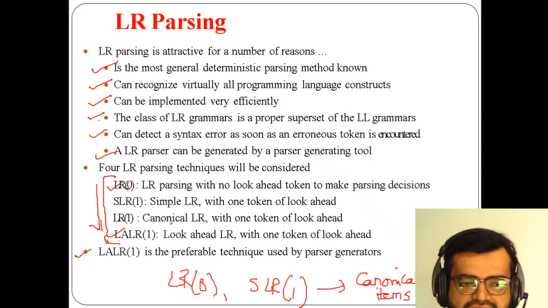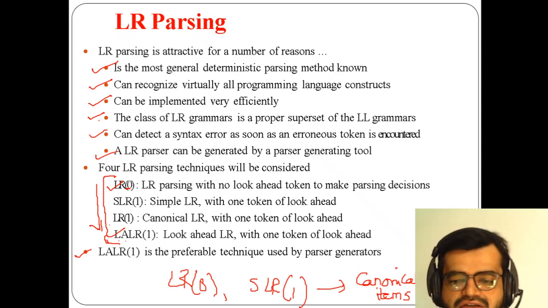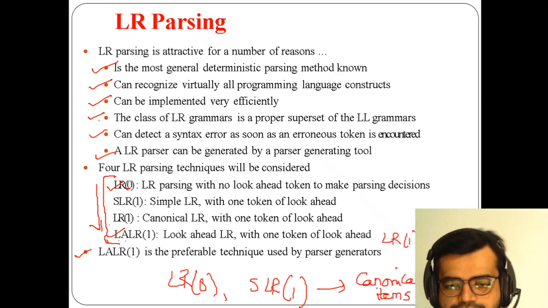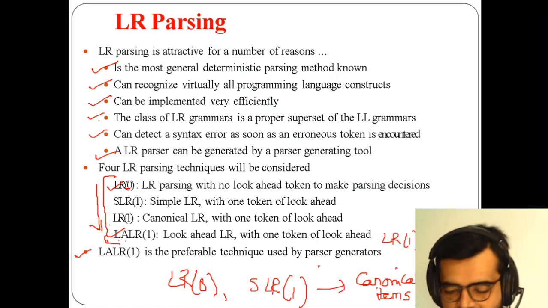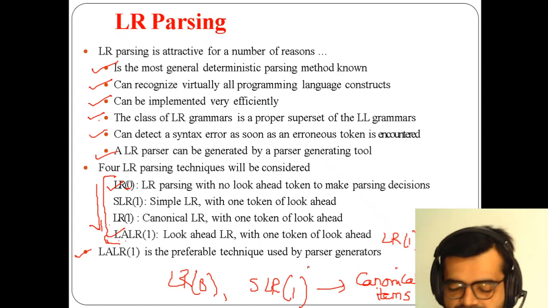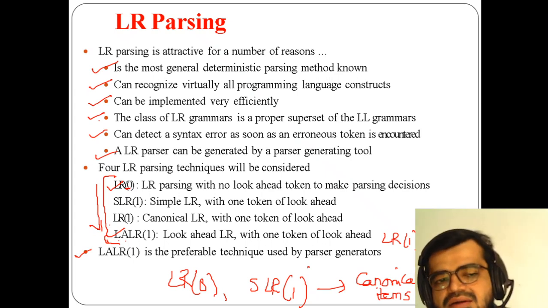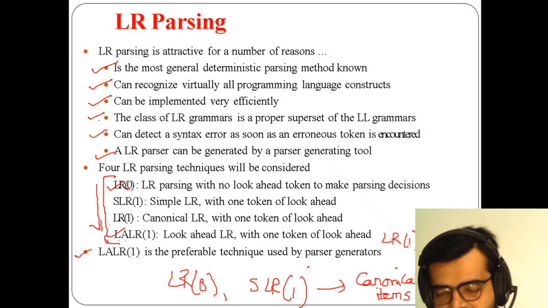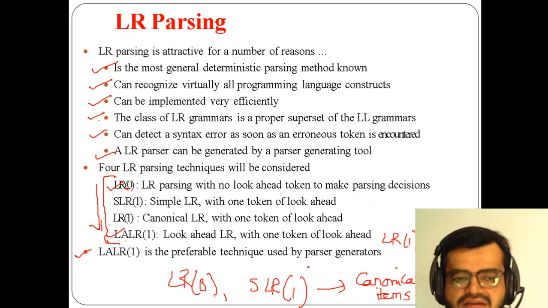But if you go with LR(1) and LALR(1), they use the canonical set of LR(1). I'll let you know how LR(0) will perform, because in every session we will be discussing one technique. So today in this session we'll be discussing LR(0).